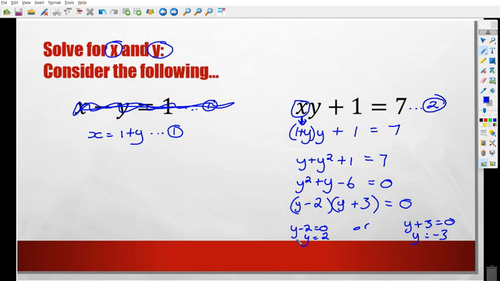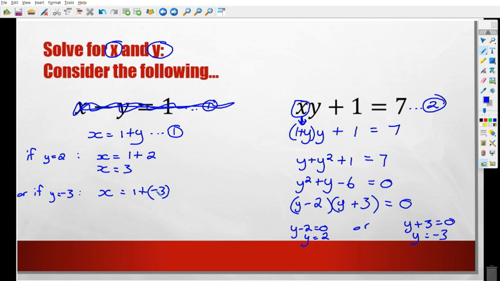If I substitute y equals 2 into this equation, then x is equal to 1 plus 2, which is 3. Or if y equals negative 3, that means x is equal to 1 plus negative 3.